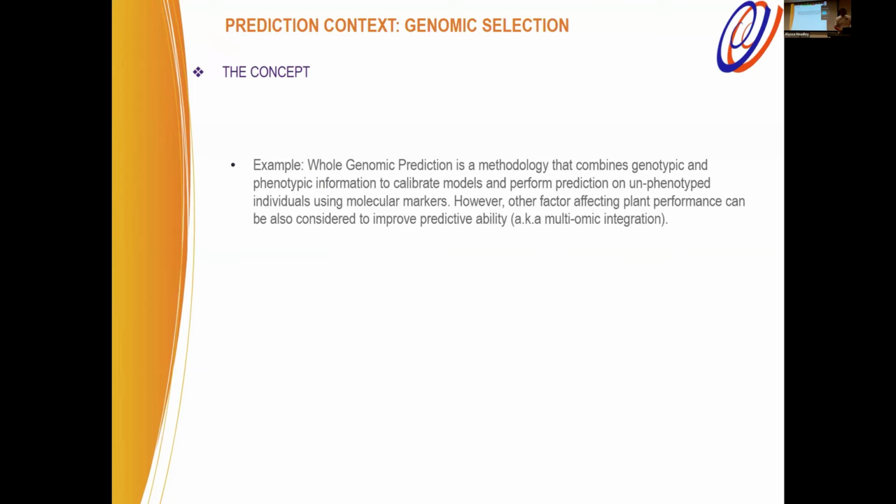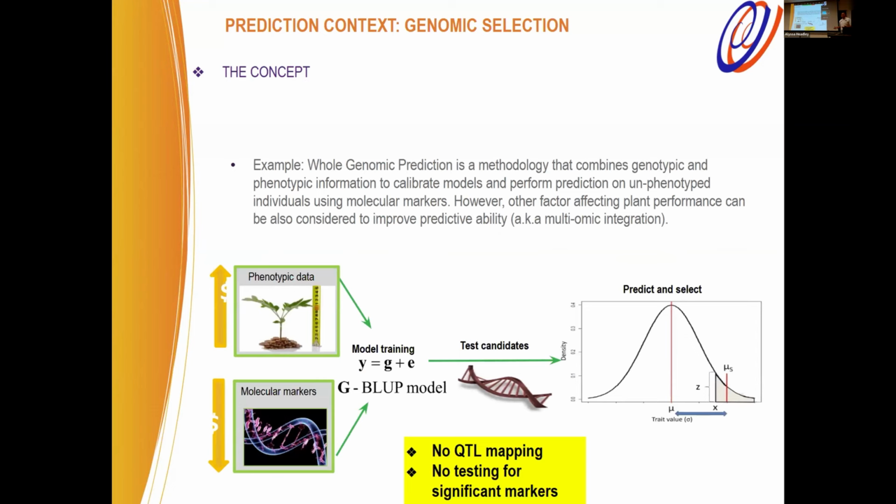So for example, nowadays we have methodologies that were introduced, for example, by Dr. Bernardo many years ago, where the idea was to predict the performance of new genotypes using genomic or molecular information. Back then, the challenge was not to have many genomic covariates.